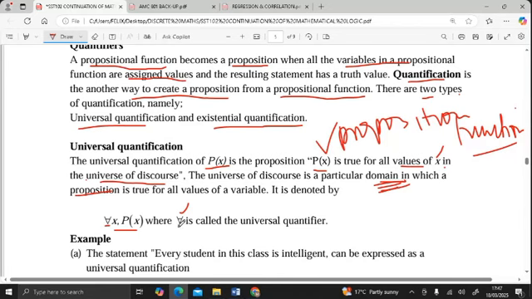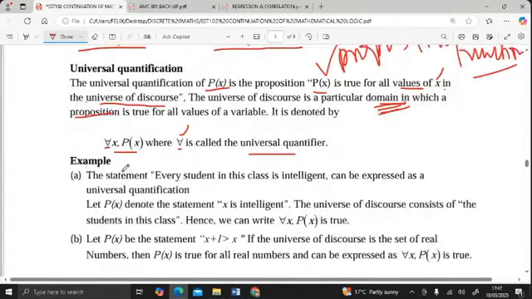We see that for every function, there is a domain. And here, where we get the values of x is what you call the universe of discourse or domain, whichever way, in which the proposition is true for all values of a variable. And not all the time; we have some situations where it's not true, therefore we say that it is false.